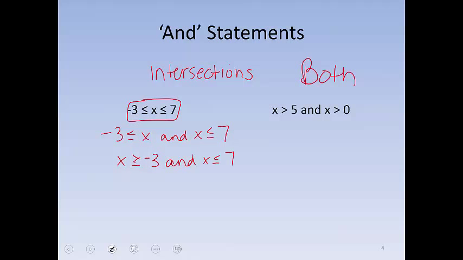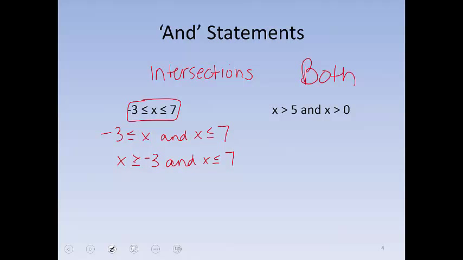Well, if it must be greater than or equal to -3 and it must be less than or equal to 7, then it must be between -3 and +7. If you need to hear that again, rewind the video and listen to it. It must be greater than -3 and less than 7. So it's between those two values, and in this case, inclusively between those values.